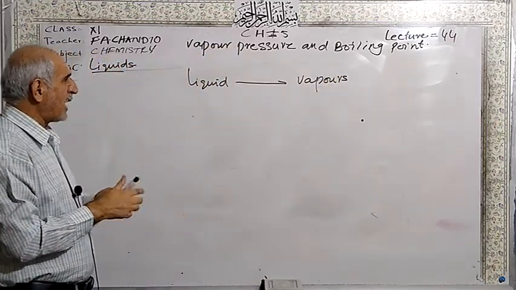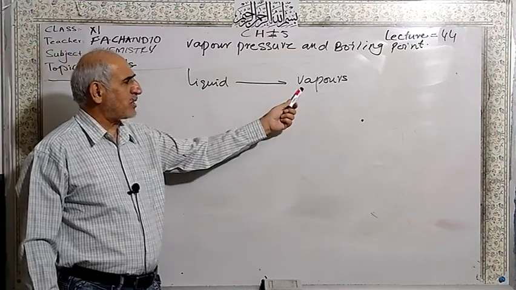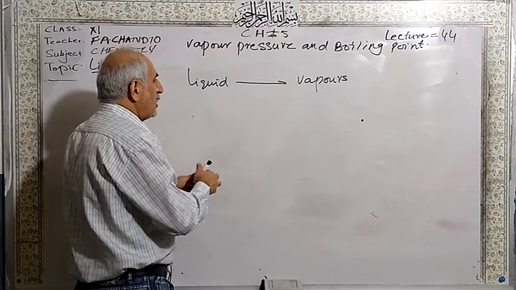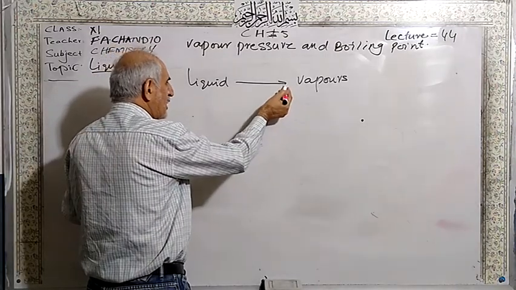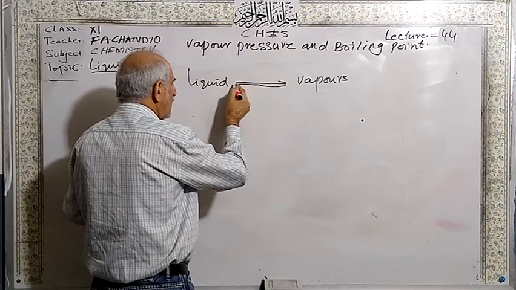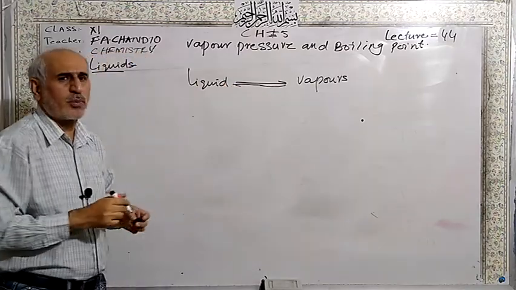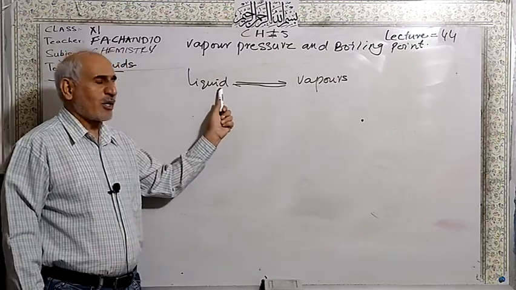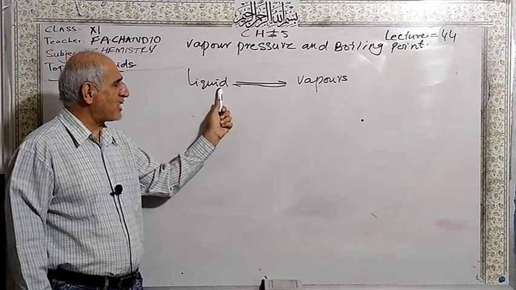The temperature at which the liquid changes into vapors is called vaporization. The system is closed. When the vapors again change into liquid, this process is called the condensation process.